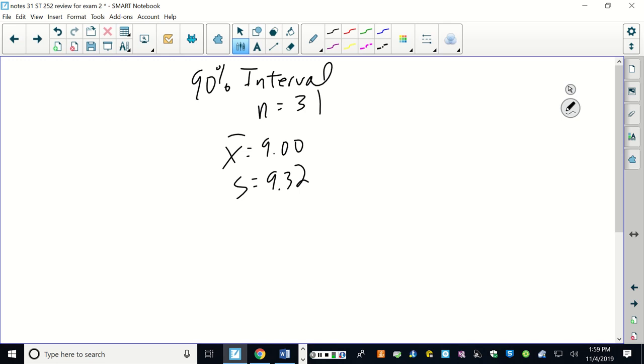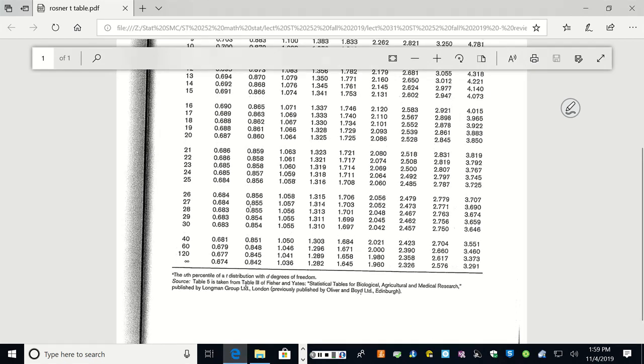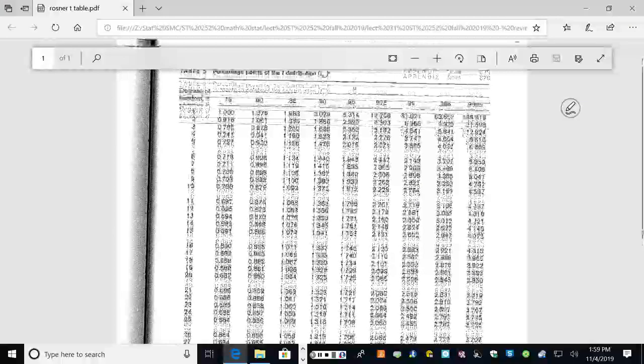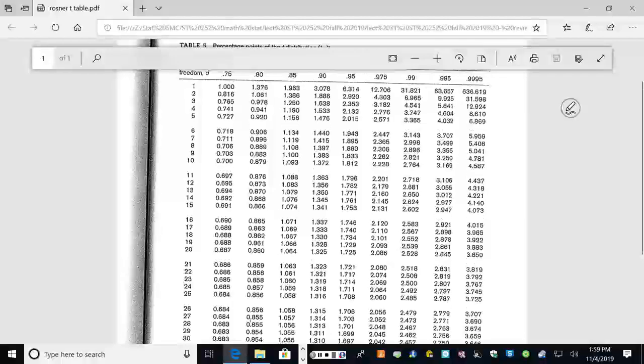So for confidence intervals or tests, we're going to deal with degrees of freedom equals 30 on that. So what number do we need on this? 1.697. Yeah, right.